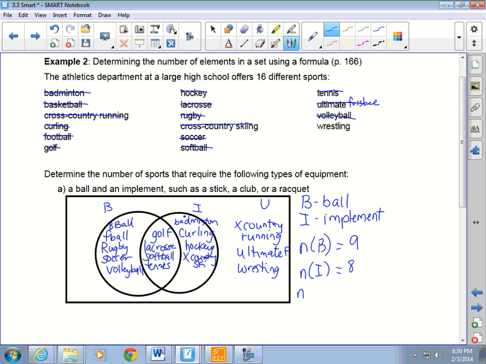And the number in the intersection of the ball and the implement is 1, 2, 3, 4. And our universal set, of course, it said that there were 16 sports.